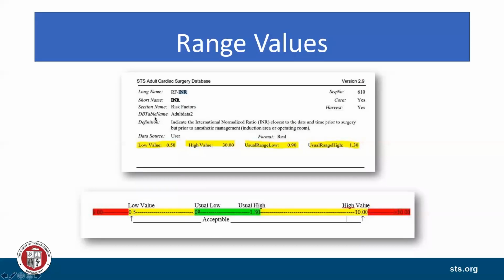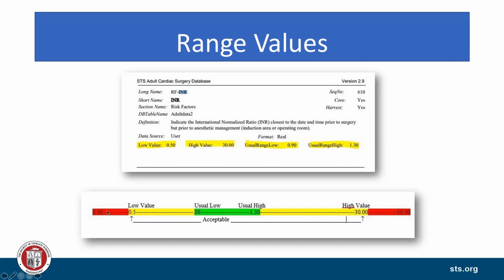Okay, so I used INR as the example. We have all 4 of these values available, and I laid it out in a line here. I think this will be a little bit better to read. We have our low, the very low and the very high values here. So this corresponds with low values and high values.